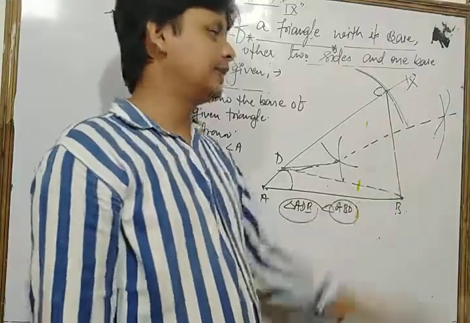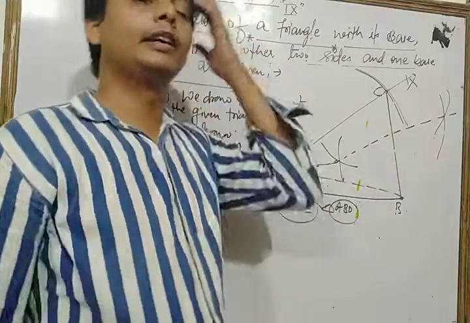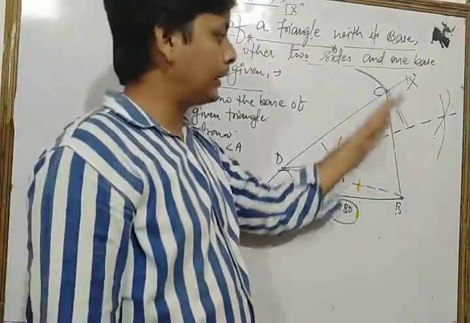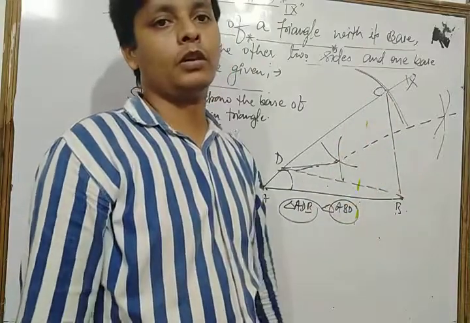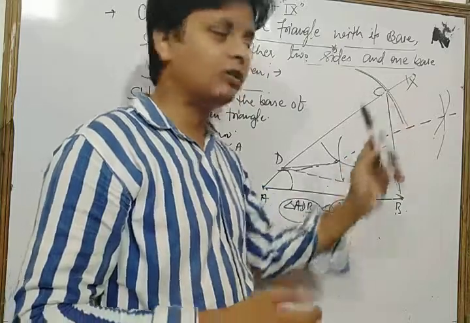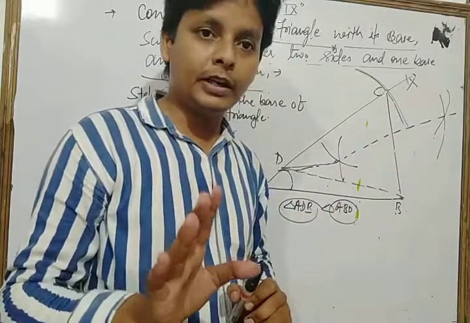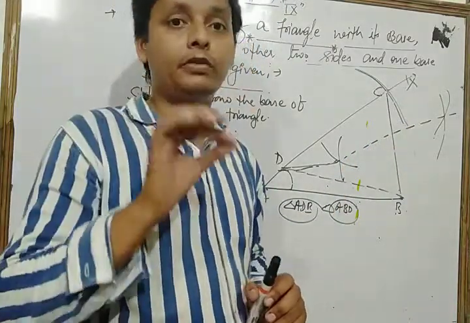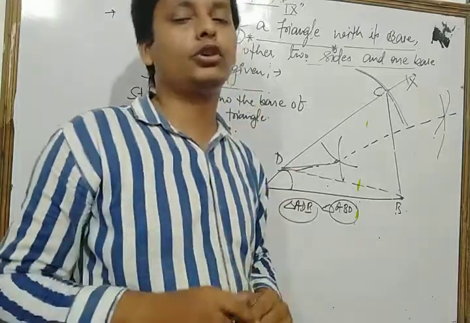After we join BC, dear student, we draw the perpendicular bisector of BC. You know that very well; on the first day of that chapter we discussed the perpendicular bisector of a line segment.